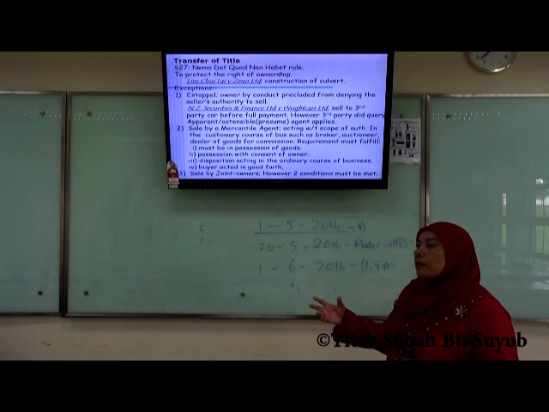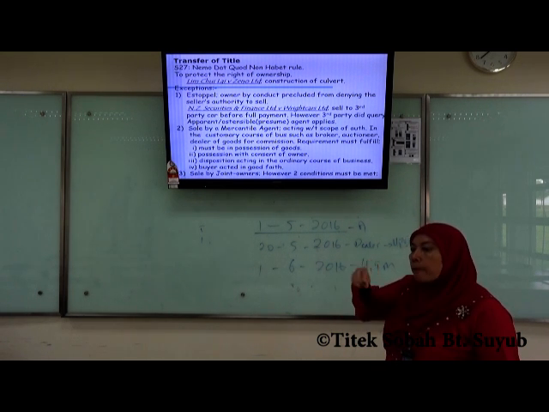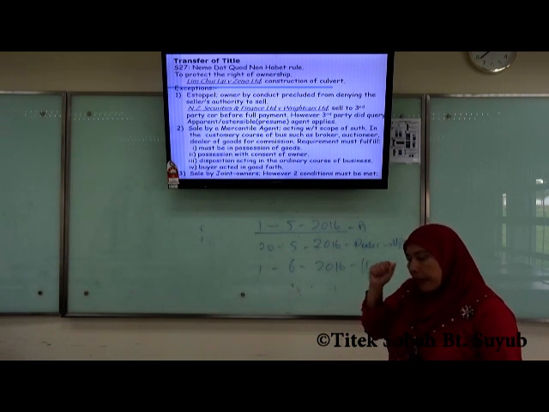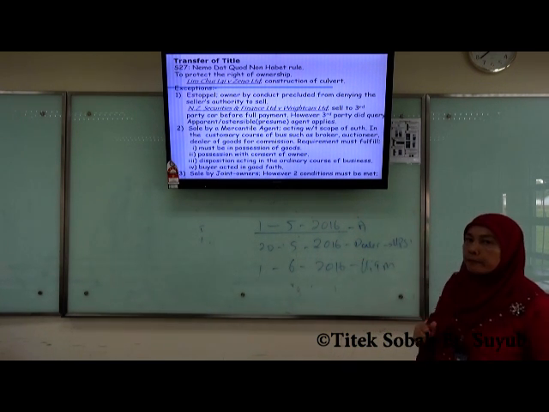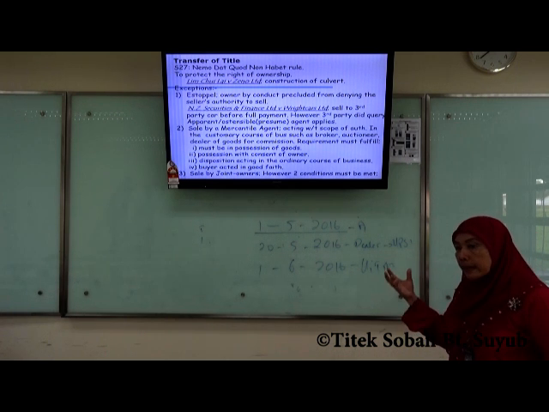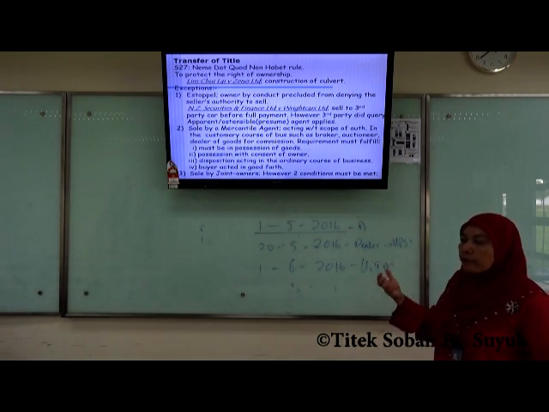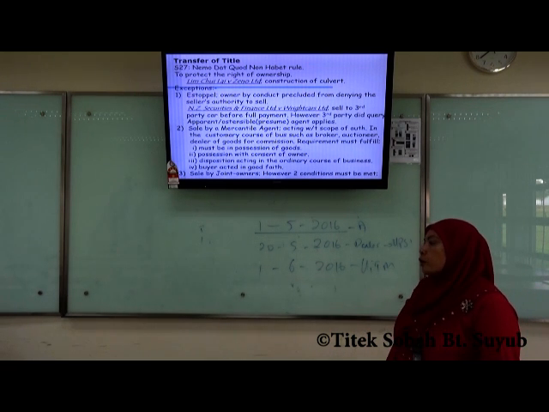Beli kereta, bayar dengan cek, tapi dia bagi tahu, pegang dulu sampai saya dapat cari satu syarikat perbankan yang sanggup membiayai pembelian kereta ni. So meaning he does not allow Right Cars to bank in the check. Let him go and find a finance company who is willing to finance the said car.